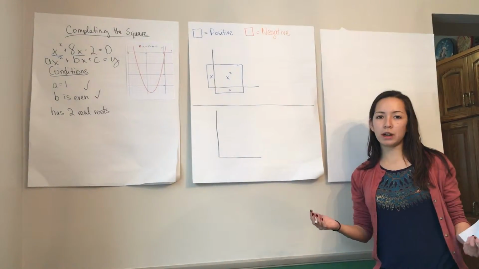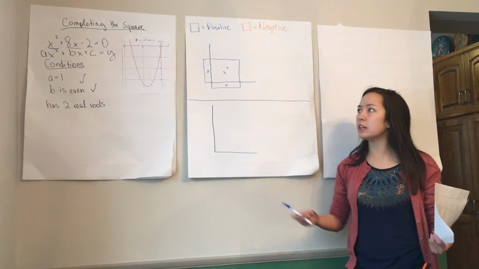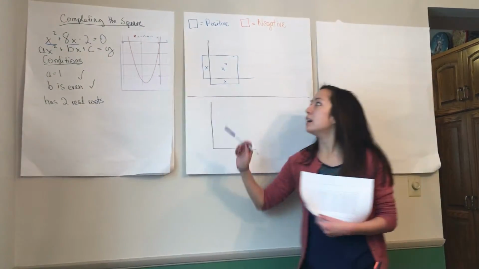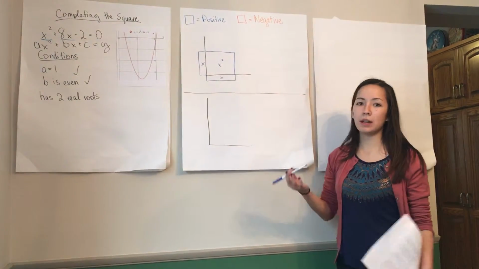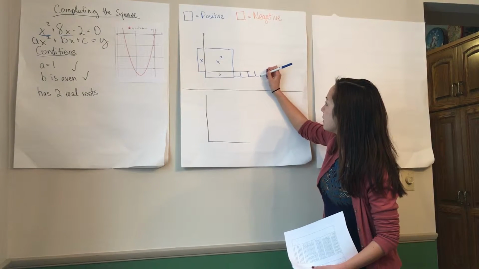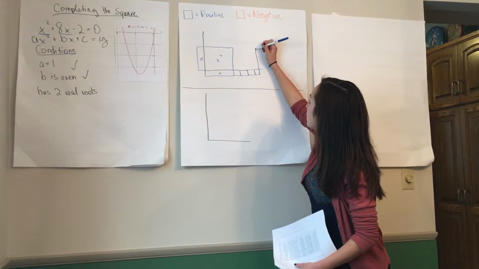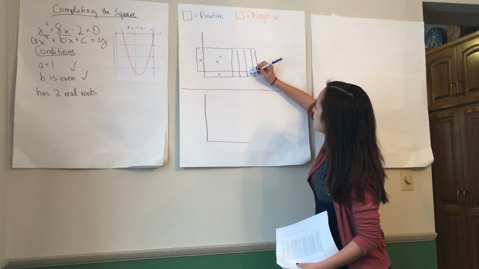And since we have a square, we know that these 2 sides have to be equal. So we need to split our b value equally among these 2 sides. So to do that, we're going to put 4 on each side. So 8 divided by 2 gets you 4. So these are 1s.